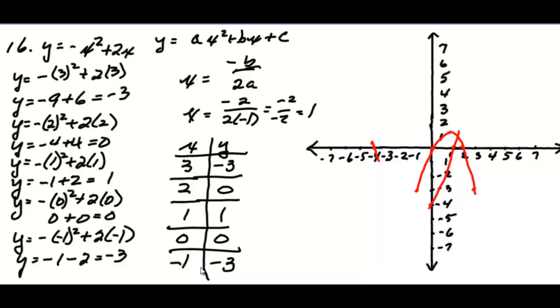That's different from our previous graph, which came down to a point here and then went back up. You can tell that because the x squared term for number 12 was positive. The x squared term for number 16 was negative. And therefore, if it's positive, you'll get a graph that dips down and comes back up.